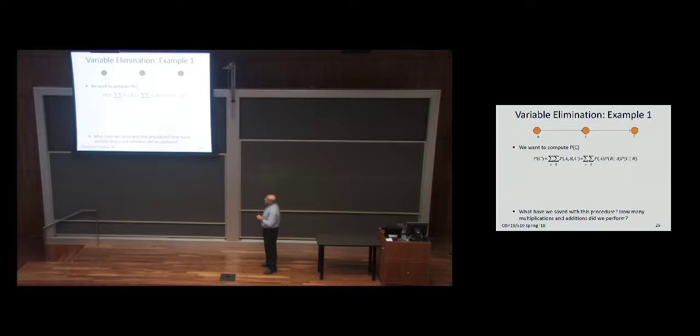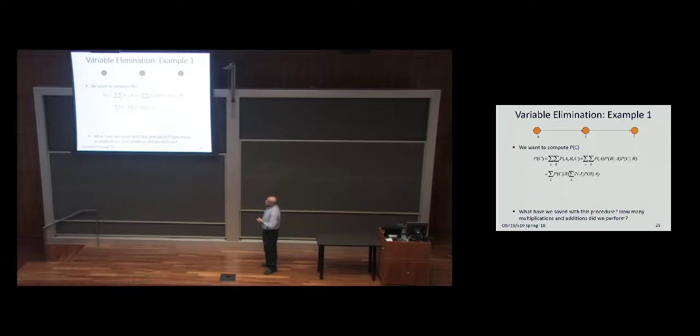So now the question is, can I evolve? Now think about it. Each one of these has 4 numbers, right? So it's going to be a lot of numbers, large sums here. Now notice that P of C given B does not depend on A at all. So I can take it outside the A sum.